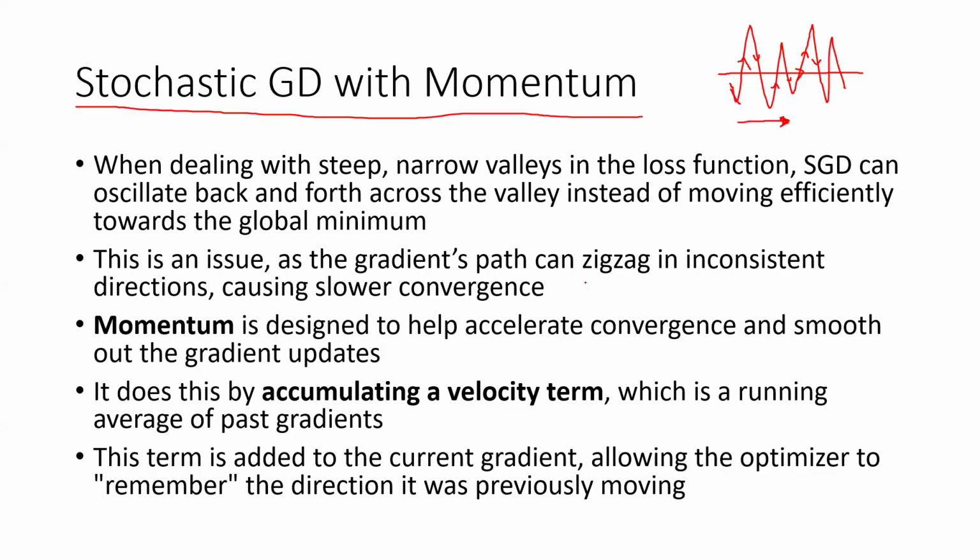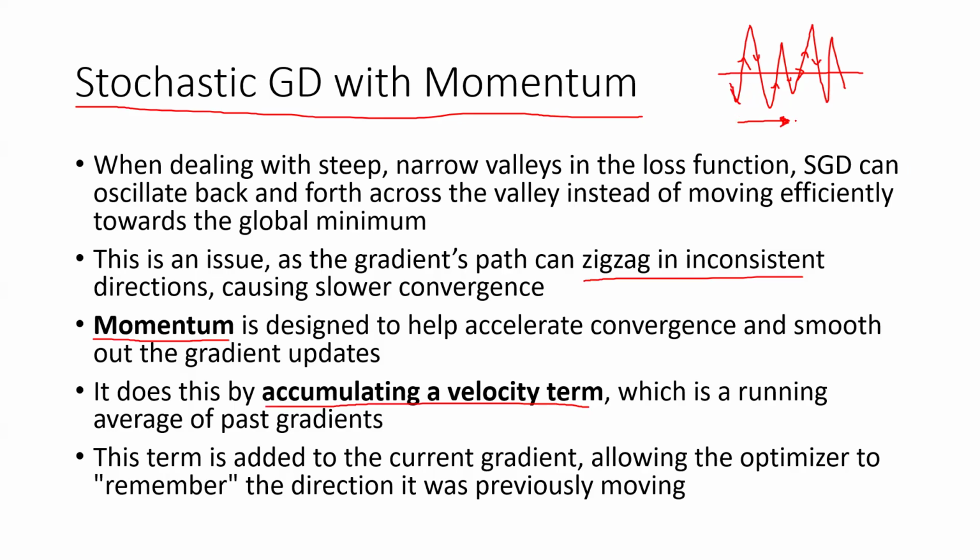So this zigzag, inconsistent direction, which is causing slower convergence, can be minimized using the momentum concept, right? So in that case, what we are trying to do is accumulate a velocity term, right? So when you are moving here and there, we are calculating the velocity.